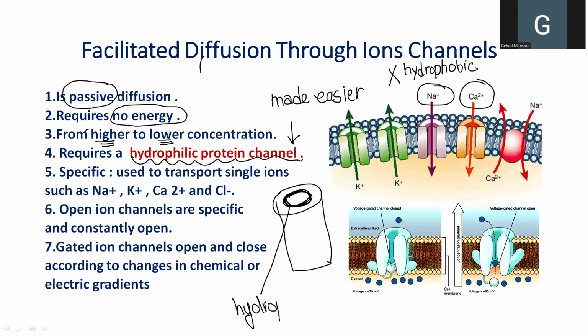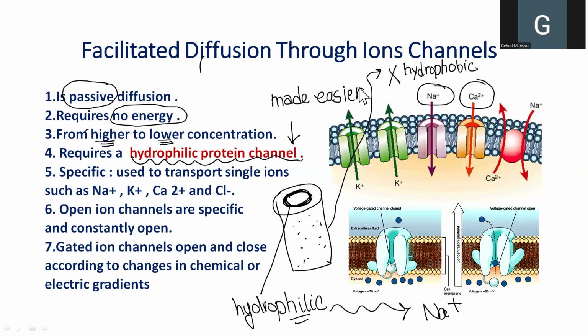It has hydrophilic domains on the inside of the channel that match with the charged ions. On the other hand, the outer part is hydrophobic in order to match with the surrounding hydrophobic interior. It is used to transport single ions, and that's why we say that it is specific. Every channel is concerned with the transport of only one type of ion, but not the others.